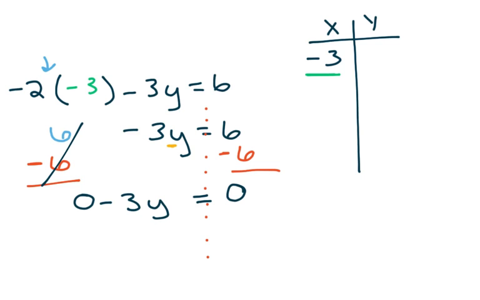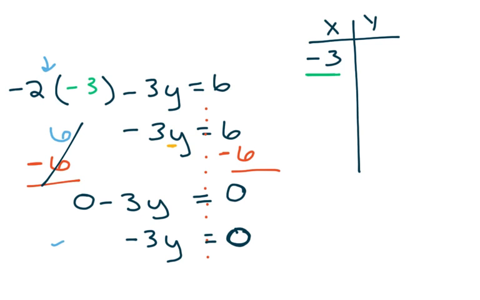Now we need to simplify here. So I'm just going to rewrite -3y. We've got 0 minus 3y, so that's just -3y equals 0. We need to get everything on the left-hand side that is attached to y away from y, and move it to the right side. Anything in front of the y or attached to the y, that includes signs and numbers, we need to get rid of.